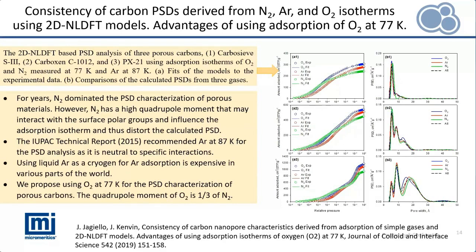However, using liquid argon as cryogen for argon adsorption is expensive in various parts of the world. We propose using oxygen at 77 K for the PSD characterization of porous carbons. The quadrupole moment of oxygen is one third of that of nitrogen. So for the analysis of oxygen, we can use standard liquid nitrogen as coolant.